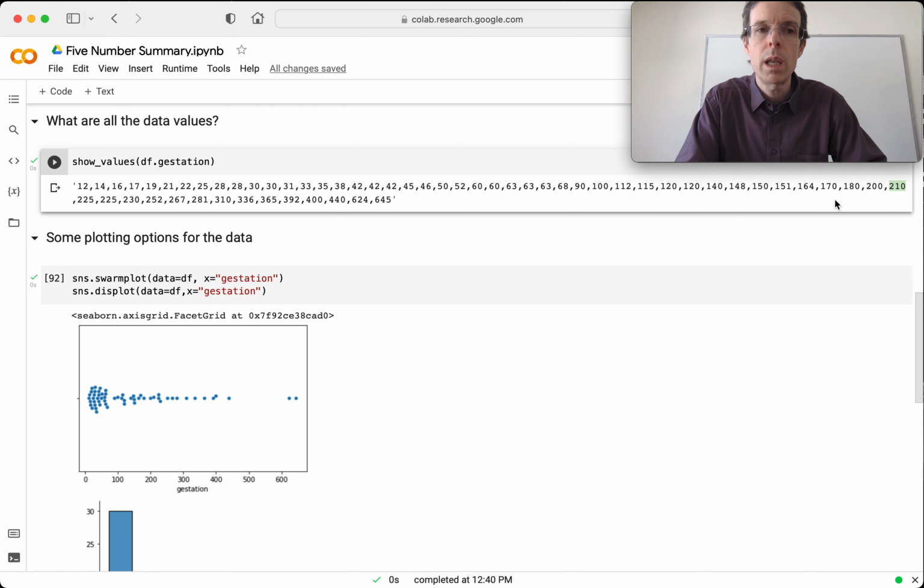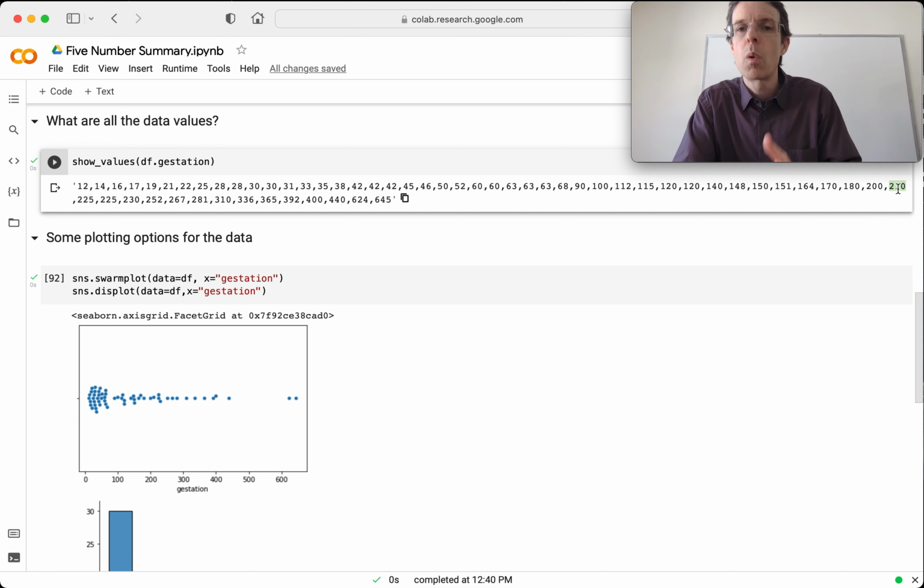So the 210 is the 3/4 way by data count. Notice that it's nowhere near the 3/4 way by data range value, right? This data range stretches all the way up to 640. So the 3/4 mark would be up near 480. But we're marking Q3 here as the 3/4 point by count on the data.